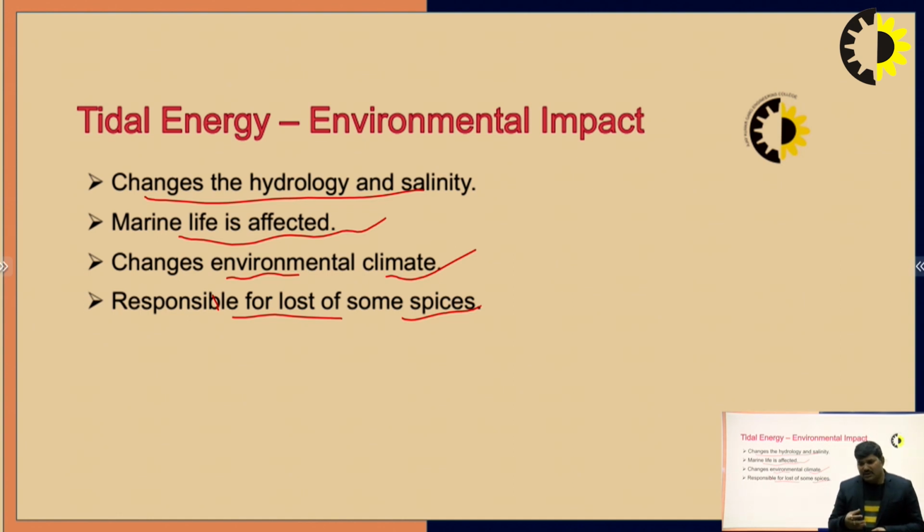Tidal energy is best in combination with thermal energy and hydraulic energy, and this combination will supply power at the time of peak demand. Then the combination will be required.